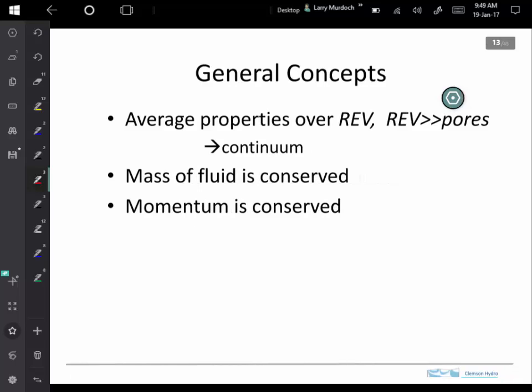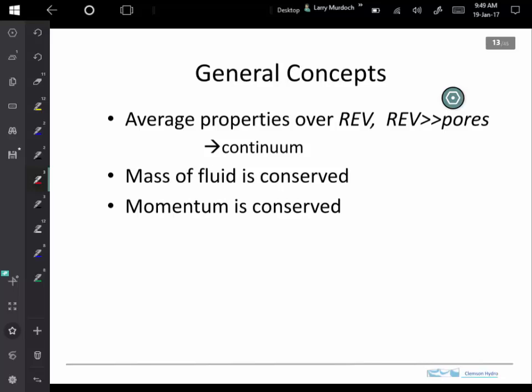Okay, so some of the general concepts that we'll use. One is that the properties that we'll be interested in are averaged over a representative volume. So for what we'll do today, we're not so much interested in what happens at the pore scale, but what happens at what's called a continuum scale, where the properties of the pores are averaged out.